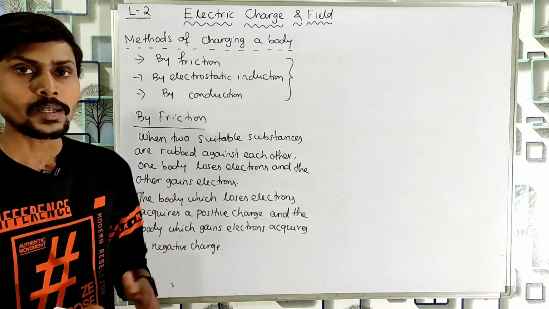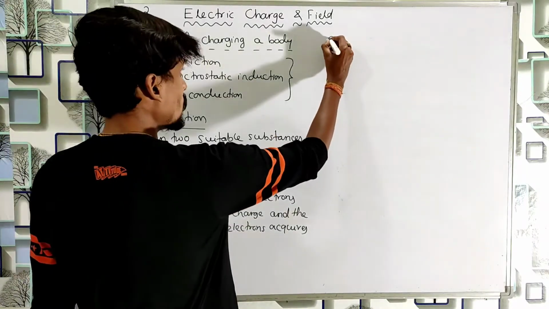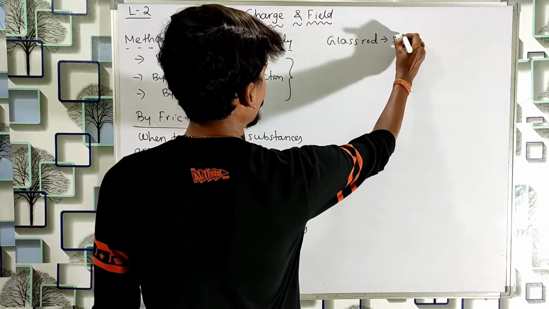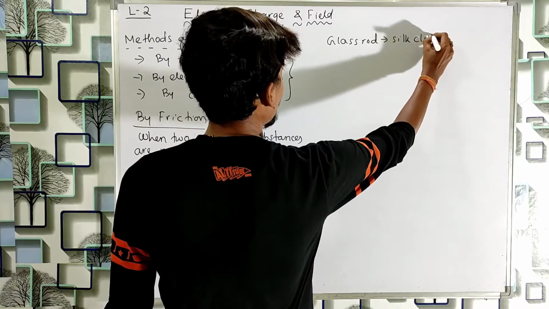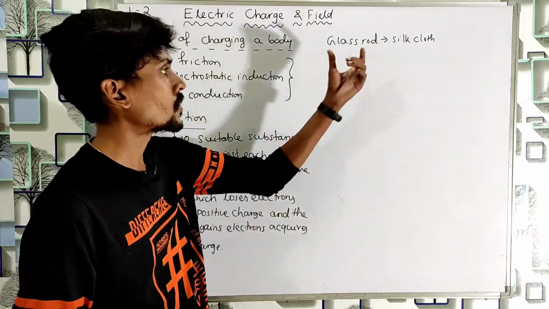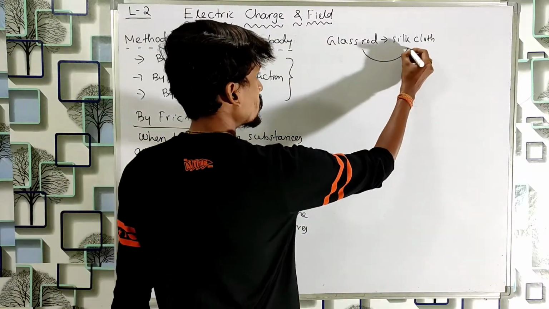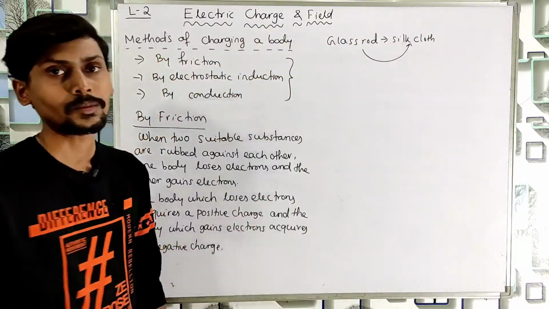If I want to give an example, when you rub a glass rod with a silk cloth, what happens? Electrons are transferred from the glass rod to the silk cloth.